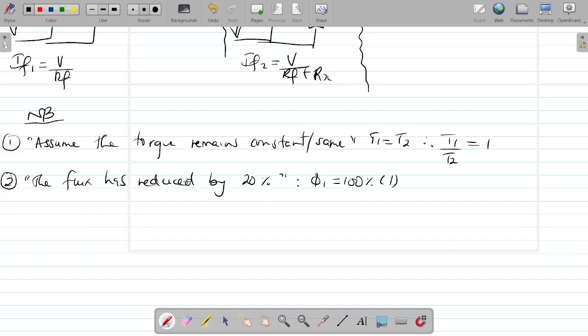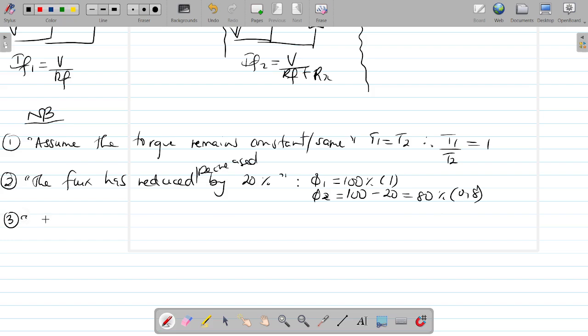Now if it's going to reduce, they'll say it has decreased. So if anything is reducing or decreasing, we need to subtract from the original. So you're going to say 100 minus 20 and you will get 80%, which during your calculation you can express as 0.8 when you substitute into your formulas.